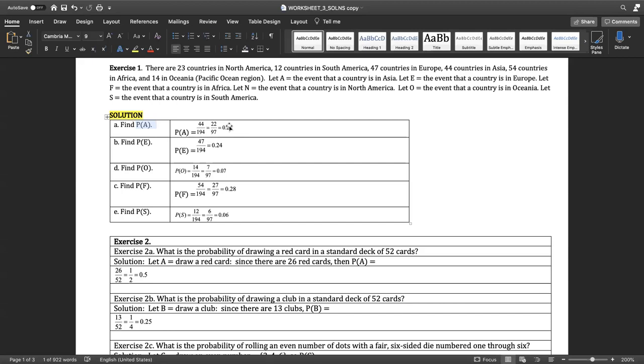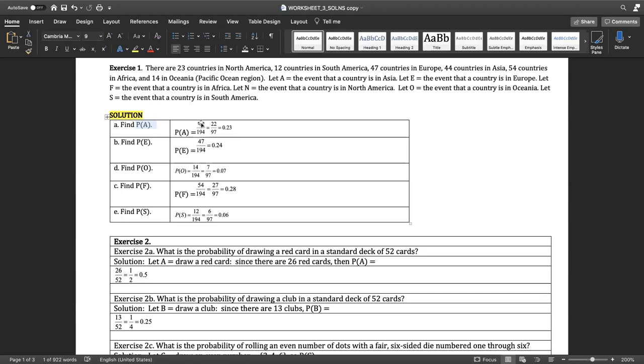So you can leave it as a fraction, or if you want to, you can divide 44 by 194 and come out with, my calculator here is expressing this fraction out to 9 places. So if I round it to 2 places, it's 0.23.